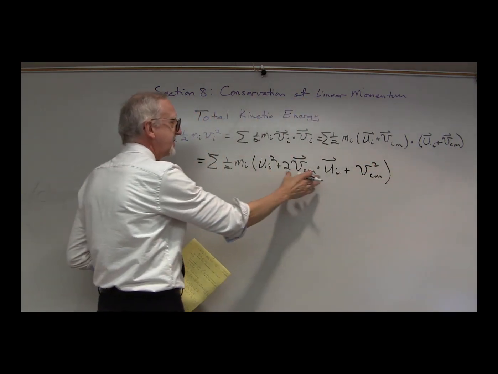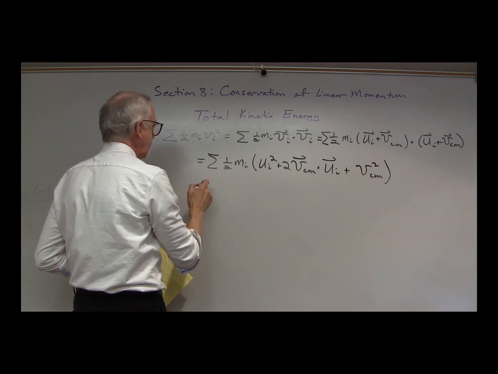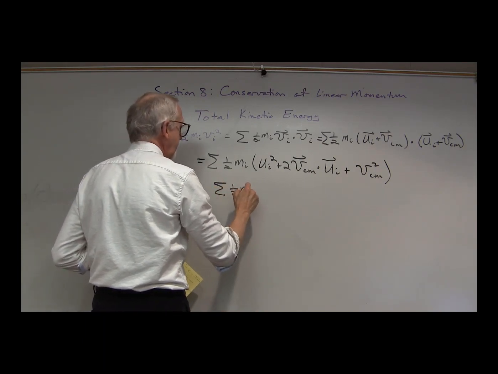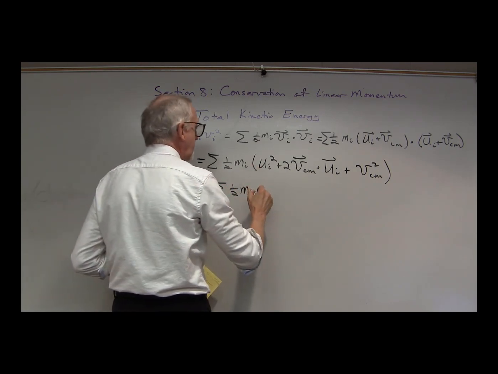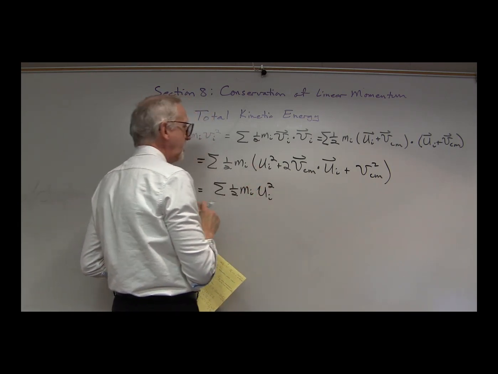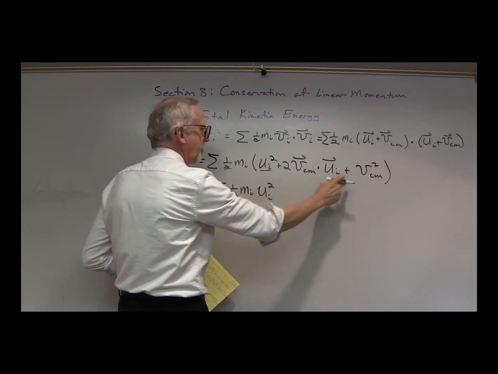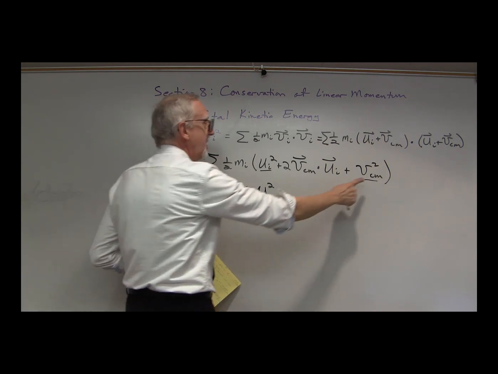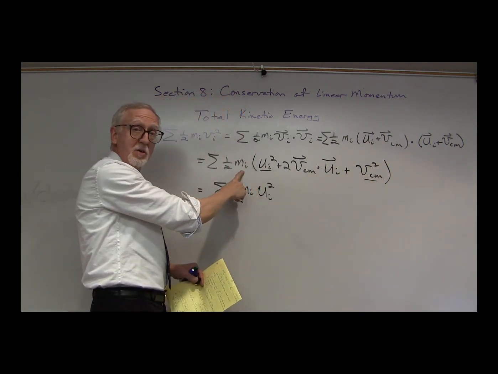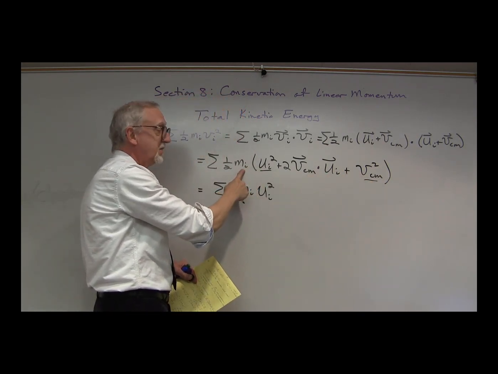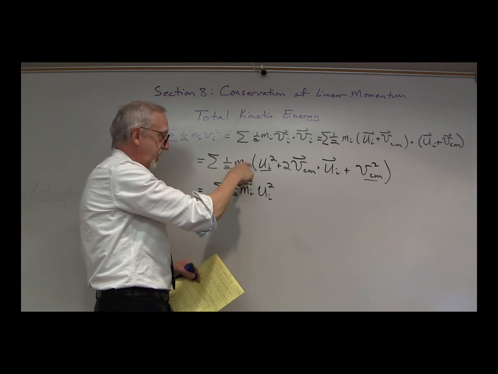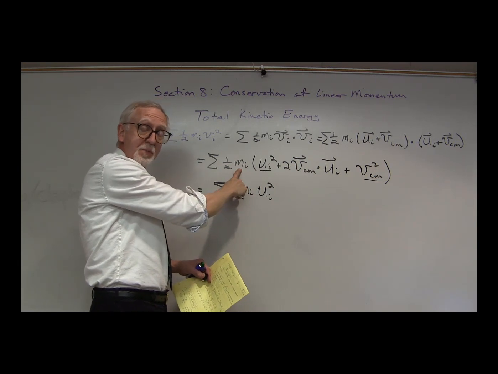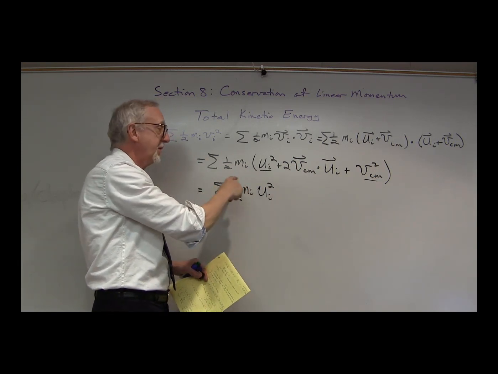Okay, now let's separate this out. What do we get? This is the sum of 1/2 m_i times u_i squared. Okay, that's the first term. Now I'm going to write the last term. Bring that v_cm. Now the velocity of the center of mass does not depend on each particle i. That will be a constant for each i. That might be changing, possibly, but it's not going to be changing over the sum for i, so I can pull that out of the sum for i.